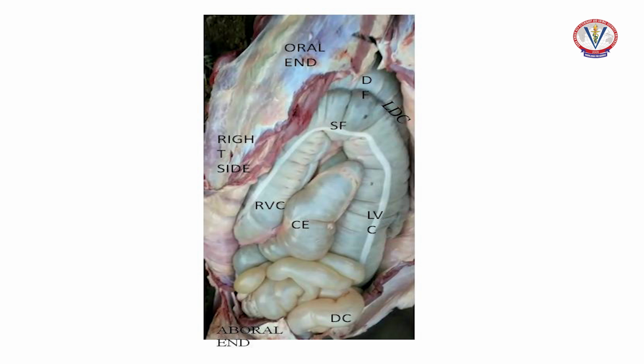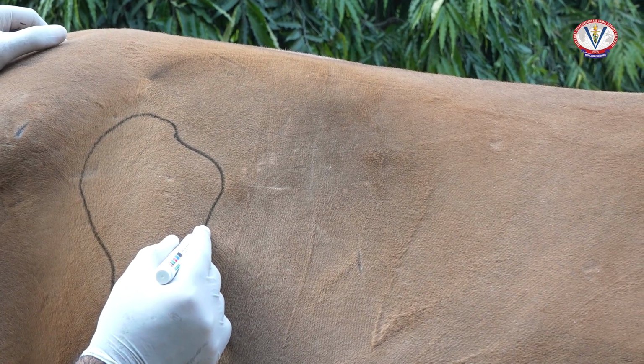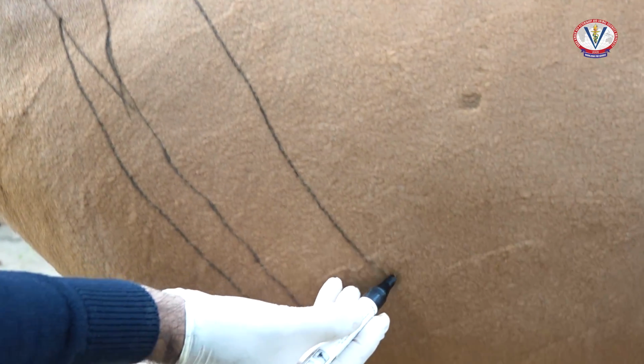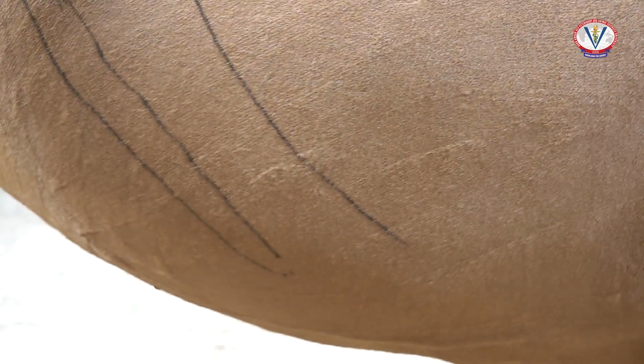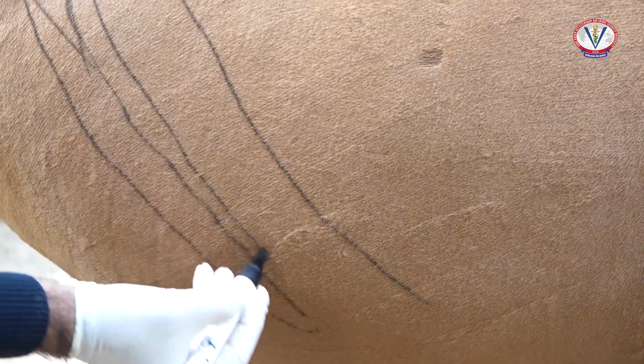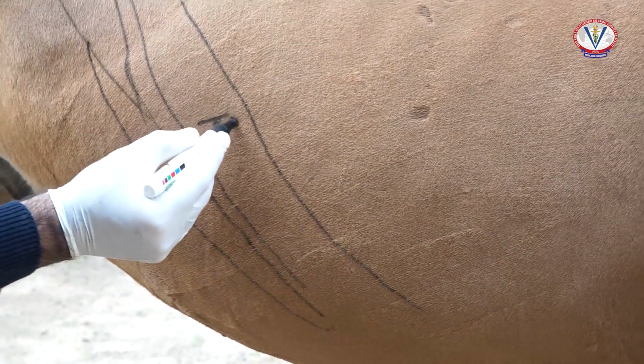The colon of the horse is highly modified with great capacity. The ascending colon is also called the great colon. It has different parts.